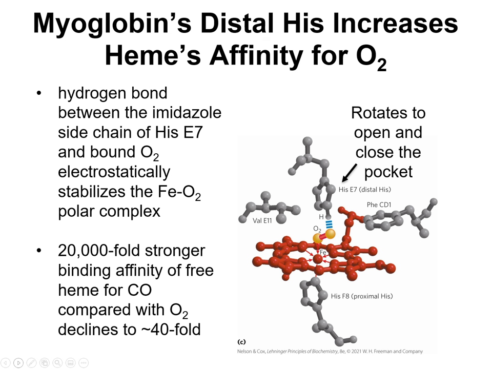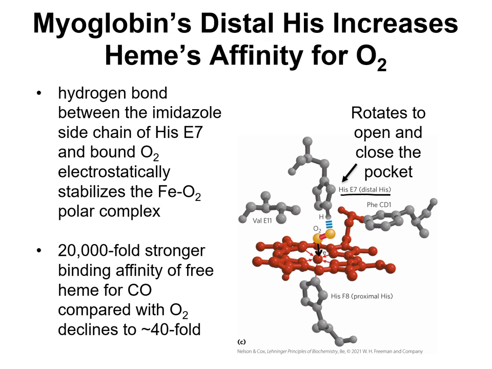It coordinates with the iron. So what you can see here is that we've got the distal histidine, it is hydrogen bonding with this oxygen. And the oxygen is in turn now coordinating with the iron.